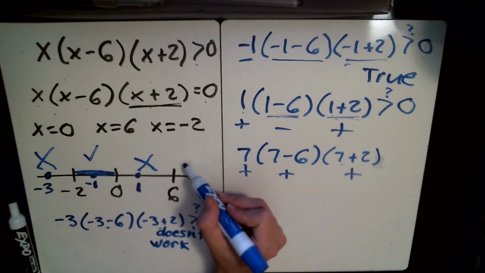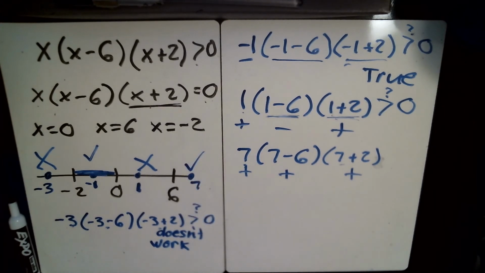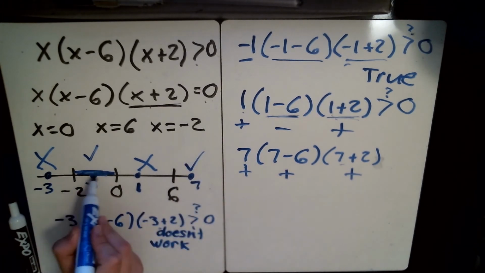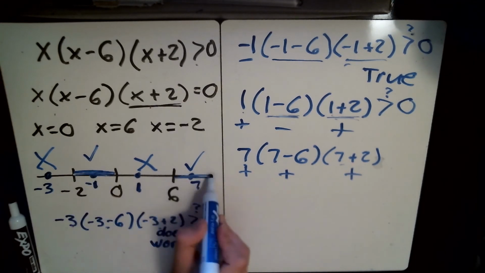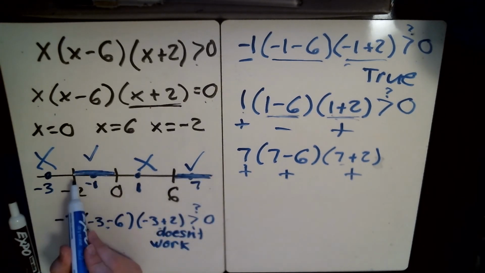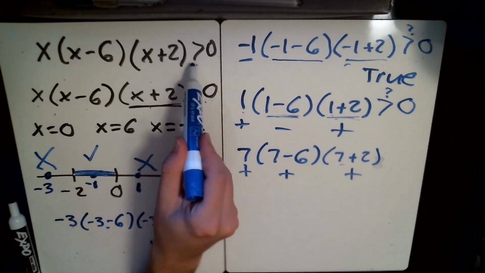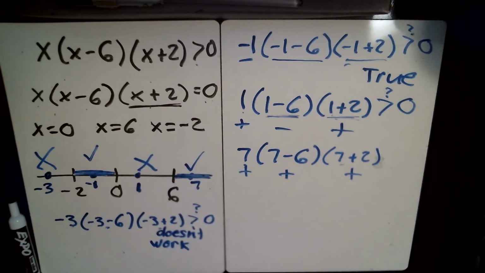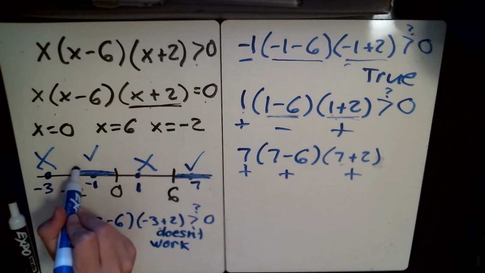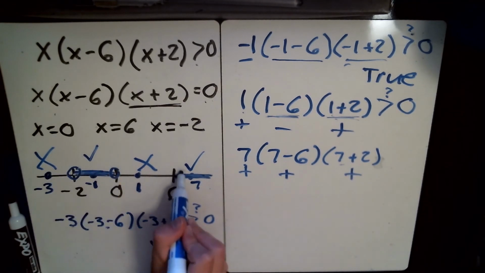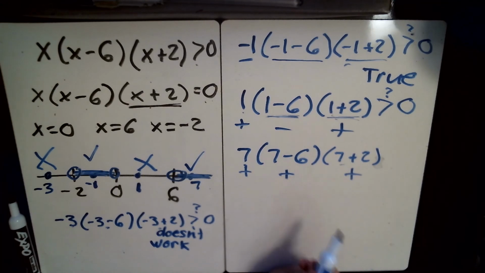So that's going to work over there. Altogether, the places that are going to work are this part right here and this part right here. And we're not going to include the boundary points because there's no greater than or equal to underneath that 0, so there are just going to be holes at the boundary.